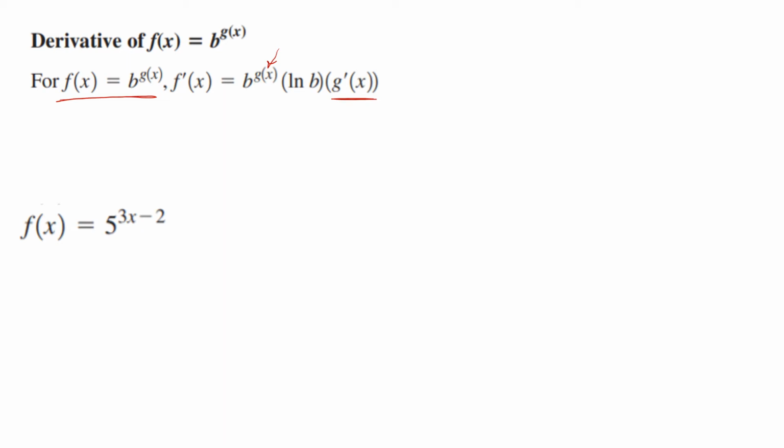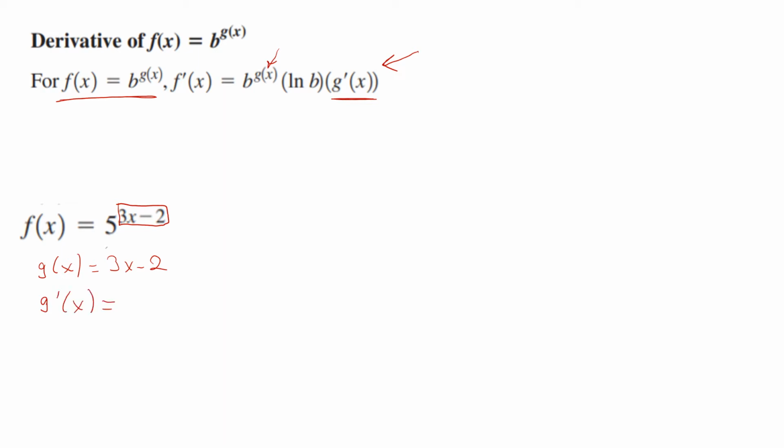So let's say we were to take the derivative of 5 to the power of 3x minus 2. I know my g(x) is going to be 3x minus 2. And I know at some point I need to take the derivative of it and multiply it. So I will be taking its derivative directly.